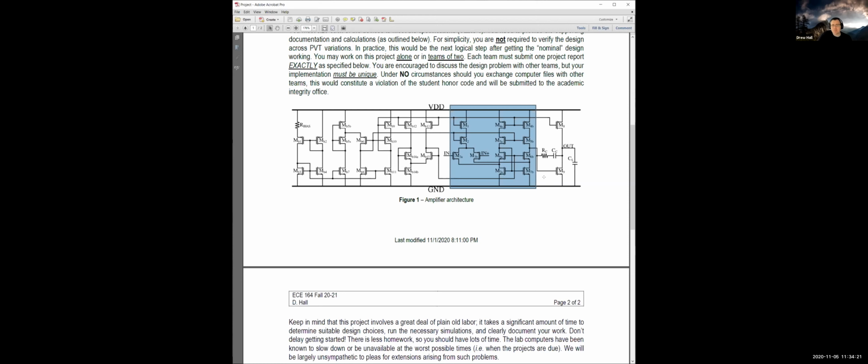So this is where it can be a little bit iterative, going back to designing and then estimating what these parasitics are.